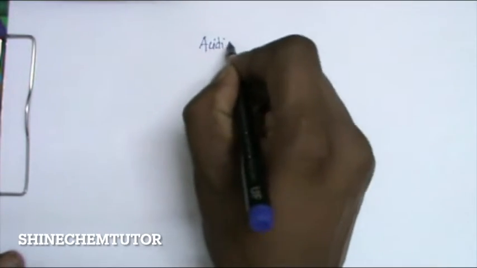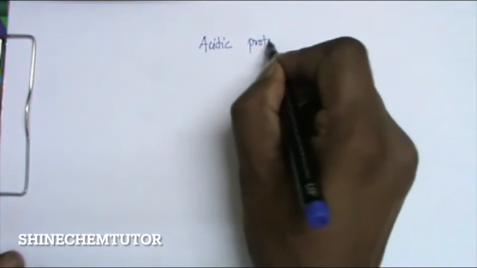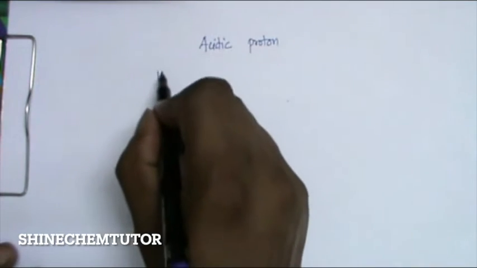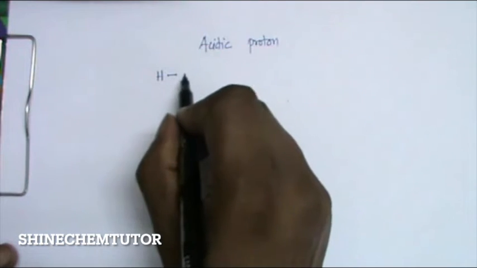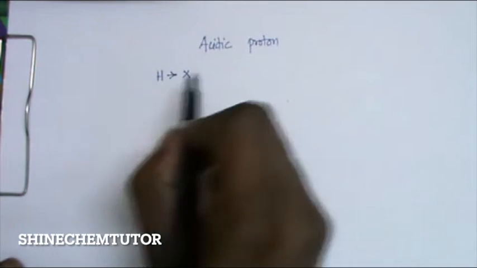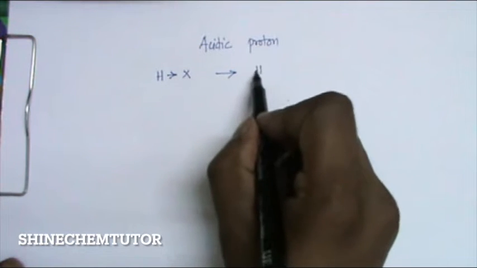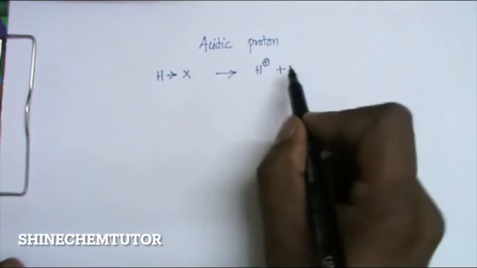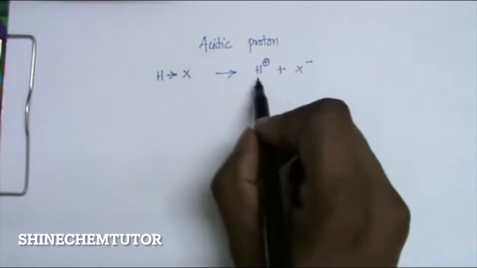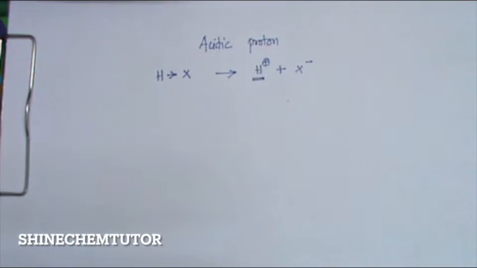The second one, acidic proton. Consider a hydrogen which is attached with halogen. Halogen is more electronegative. Because of that, it will dissociate to give H plus and X minus. So this is acid.